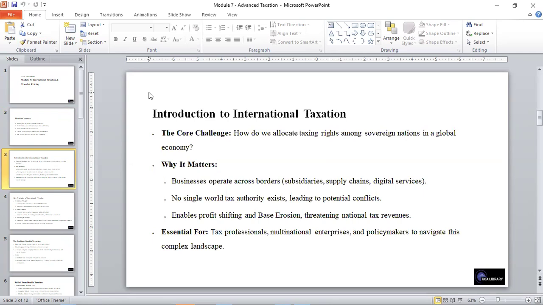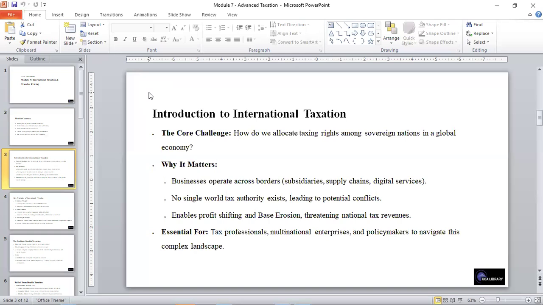Looking at international taxation, it's actually very important to know the core challenge. How do we allocate taxing right among sovereign nations in the global economy? And this is very paramount in international taxation and why it matters.